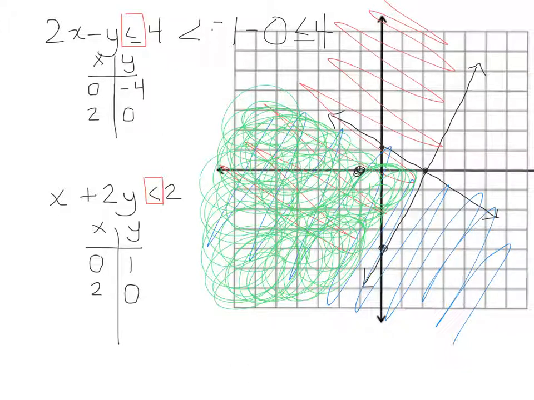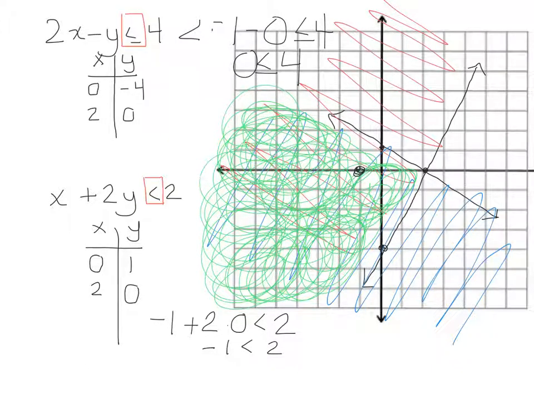Well, 2 times negative 1 is negative 2, and negative 2 minus 0 is negative 2. Yes, in fact, that is less than or equal to 4. If I substitute negative 1, 0 into my second inequality, I'll have negative 1 plus 2 times 0 is less than 2. Well, negative 1 plus 0 is negative 1, and that is less than 2. So I know I've got the correct region shaded.